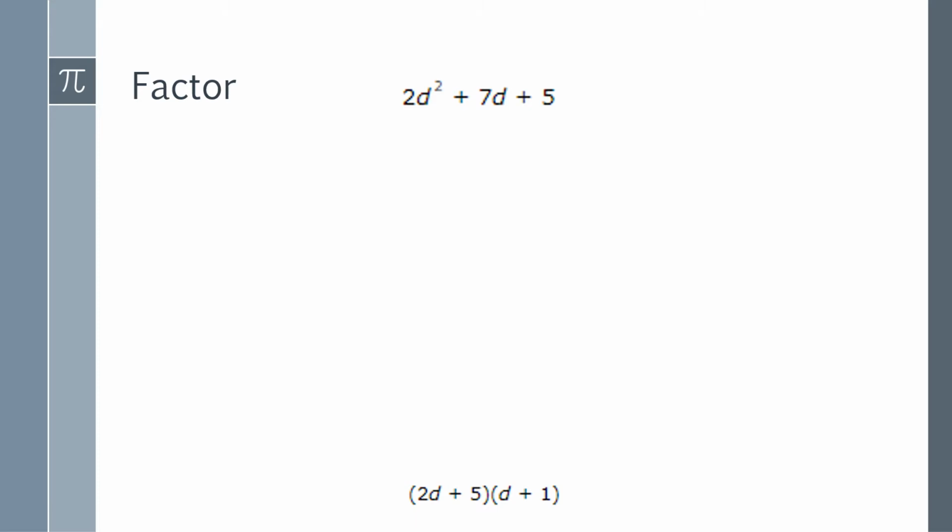All right, so let's do it. So of course, you multiply 2 and 5. 2 times 5 is 10. All right, and then you rewrite it as d squared plus 7d plus 10.